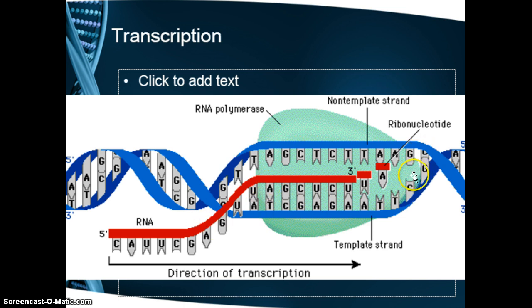Unlike the DNA polymerase, which works on both sides, the RNA polymerase works on just one side. And we have uracil instead of thymine that's going to be inserted there. That's the overall gist of what happens in transcription. Remember, we're transcribing the genetic information from DNA into RNA.